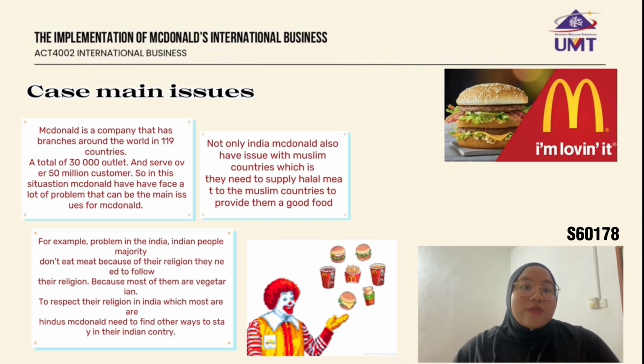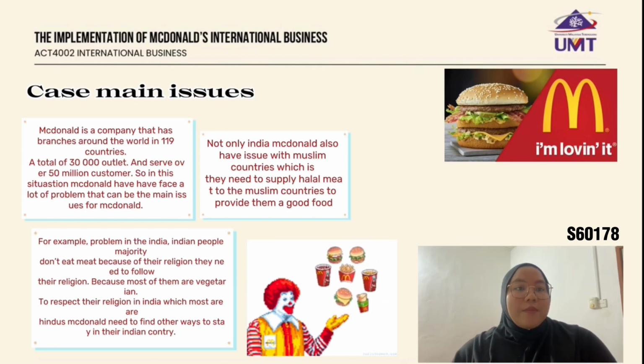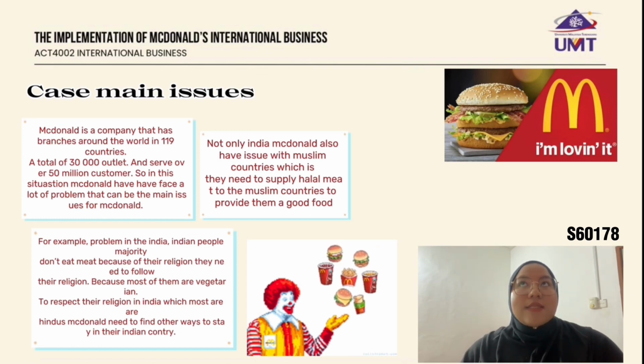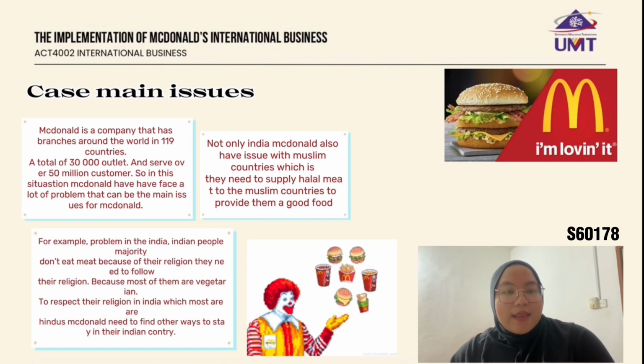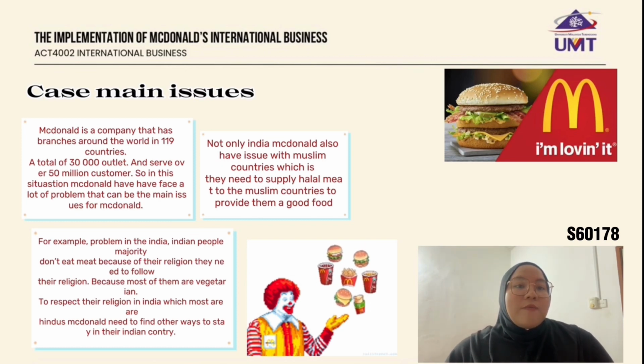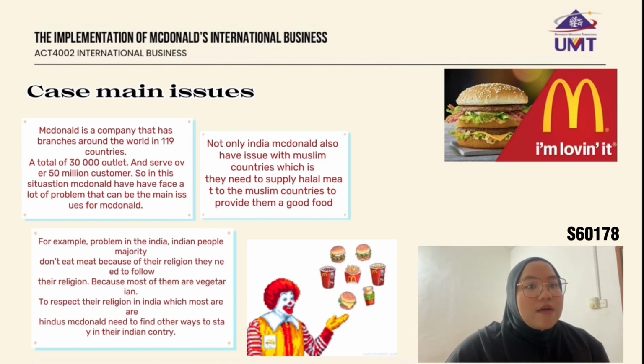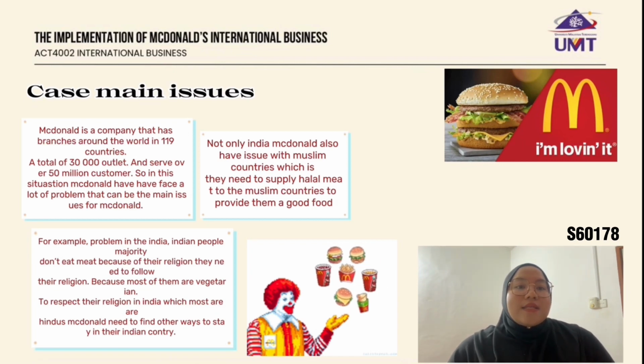America uses pork for their hamburger, but in Malaysia they need to use 100% halal meat to serve the customer. So they do not serve hamburger, which has pork in it; they serve a cheeseburger instead. So this is one of the main issues of McDonald. That's all. Thank you.